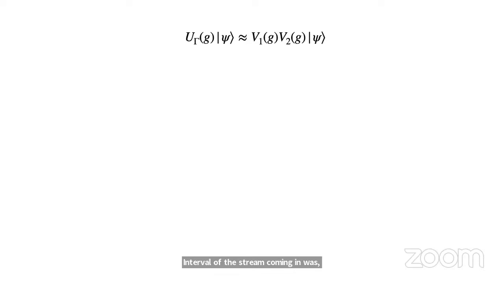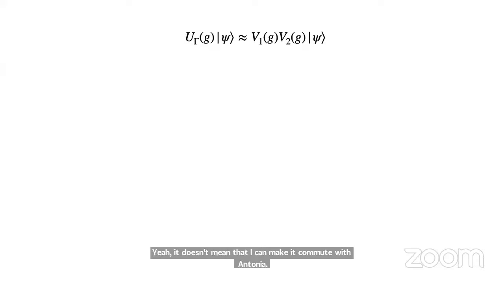Yeah. But the endpoint of the original string is not quite commuting, but you fix that by additional local operators at the end. Right. I can fix the excitation created on the ground state by including some additional unitary operator. It doesn't mean that I can make it commute with the Hamiltonian. That's not generally the case, but I can annihilate the excitations created by the string.